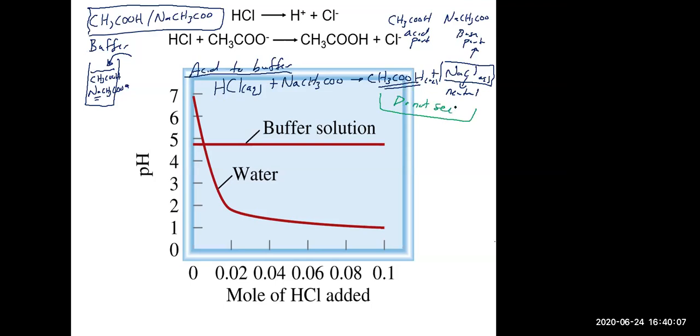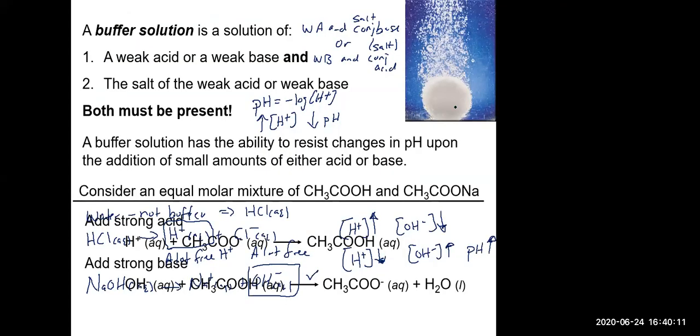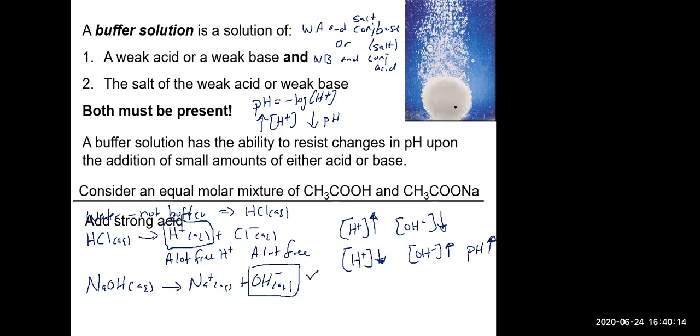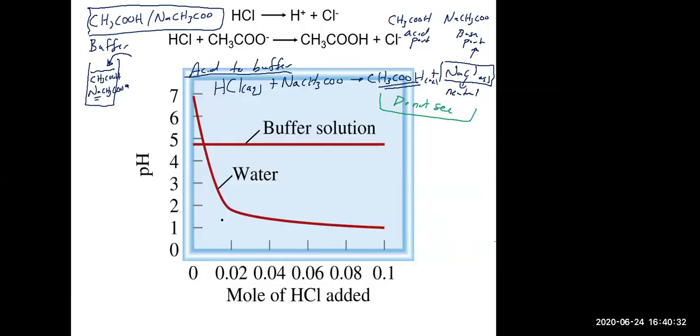And what we do not see here is, if we go back and look at our reaction of our acid in water, we see that when we react the acid in water, we produce a ton of free H plus in water, for example. In our buffer, we don't produce any free H plus.